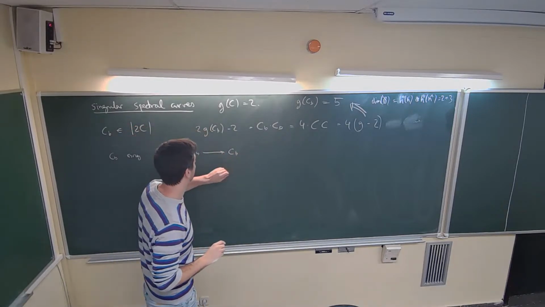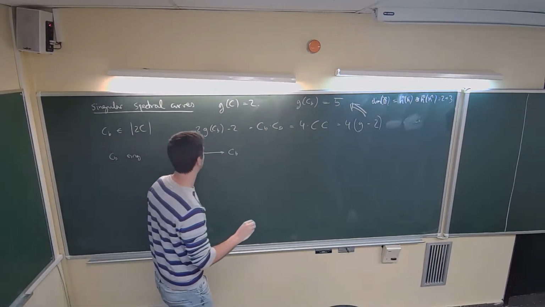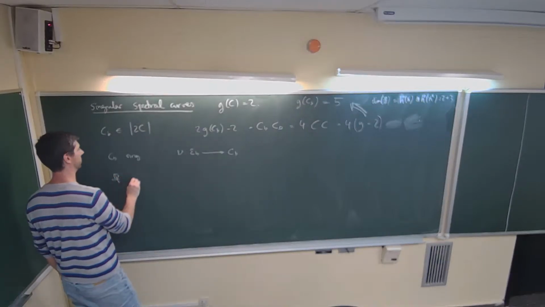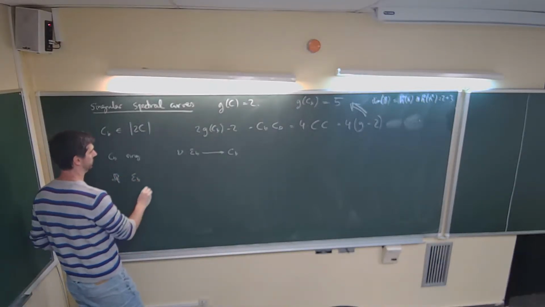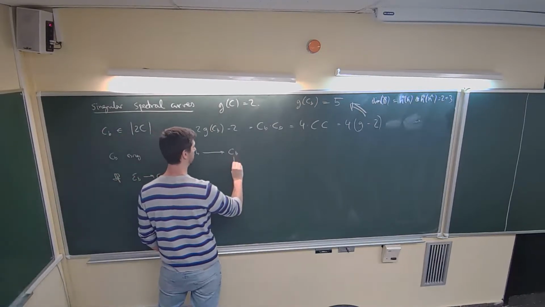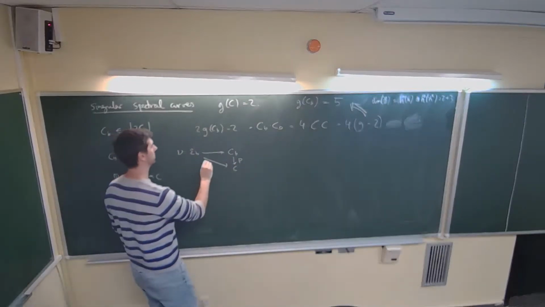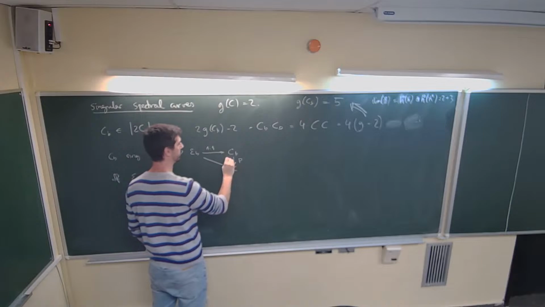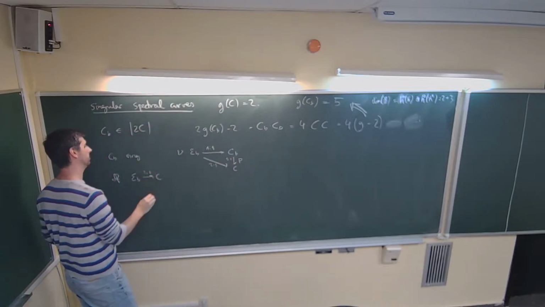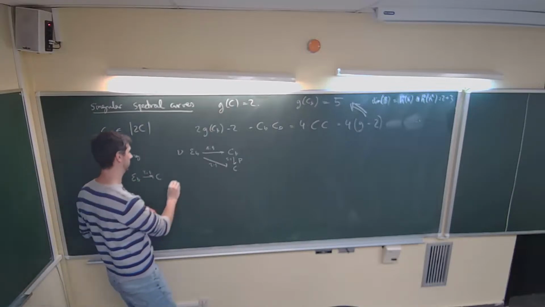There are some bounds for the genus of this normalization. The most extreme case is when this morphism, the decomposition, gives us a composed morphism. This is 1 to 1, the normalization. This is 2 to 1. So we have a 2 to 1 morphism, and the extreme case is when this morphism is unramified.